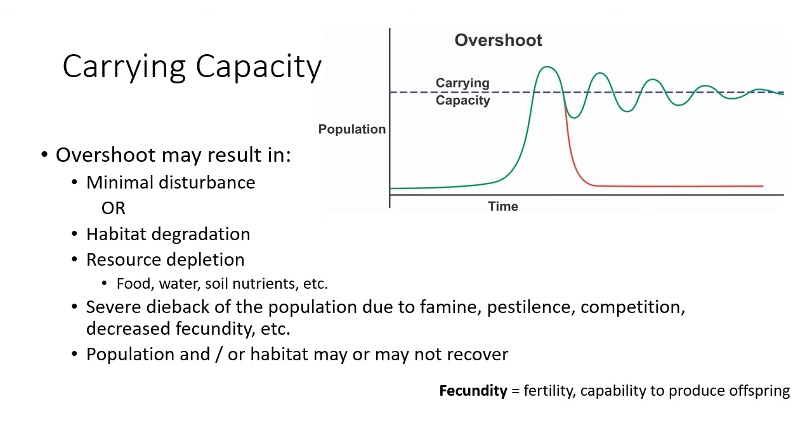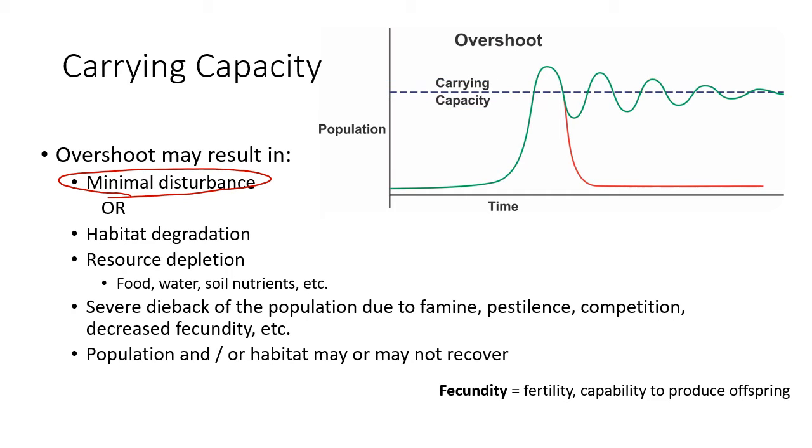Well, let's talk about the consequences of overshoot. First off, there could be minimal disturbance. If overshoot is not too severe, and it's not totally overgrazed or totally overhunted, or the habitat isn't totally destroyed, there can be minimal disturbance, and it could result in carrying capacity staying at a level population size.